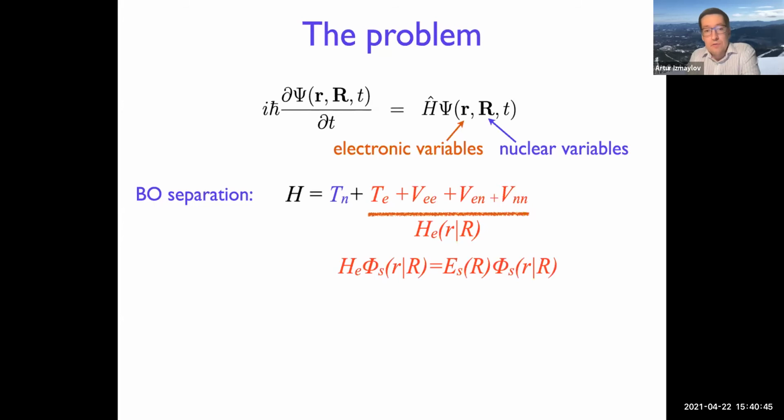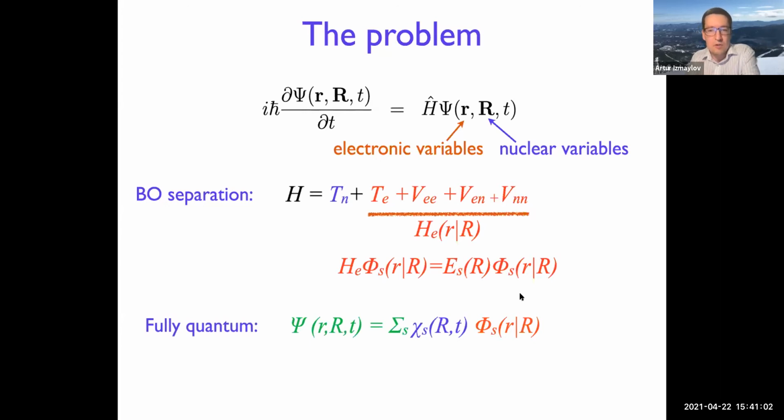Then if we want to study things from first principles, it's useful to solve the electronic Hamiltonian eigenvalue problem. And then using the eigenvalues and eigenvectors, or eigenstates, the electronic functions, we can construct a total full quantum wave function, right?